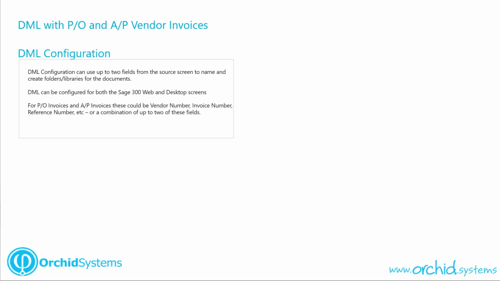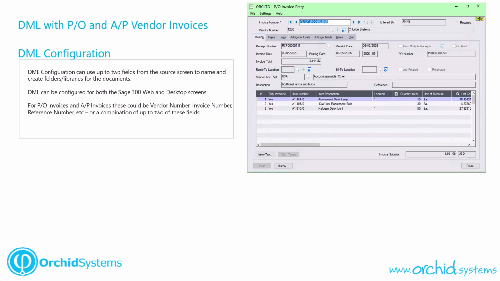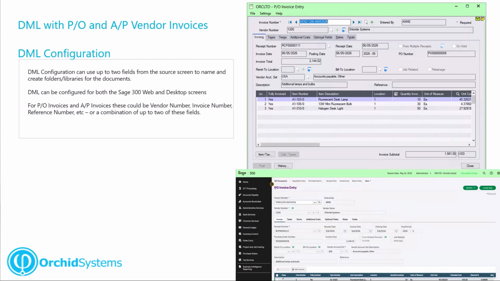The Document Management Link configuration can use up to 2 fields from the source screen to name and create the folders and libraries for the documents, as well as for the files themselves. And Document Management Link can be configured for both the Sage 300 web screens and the Sage 300 desktop screens.